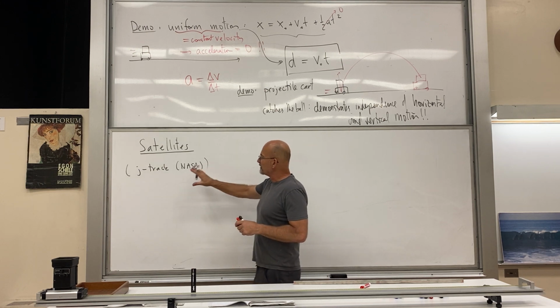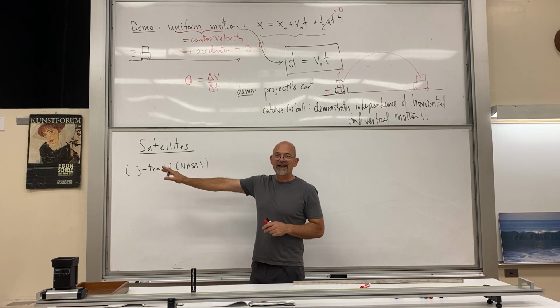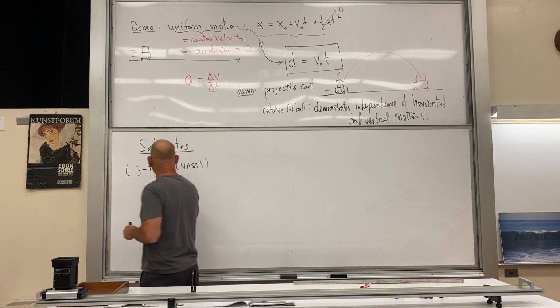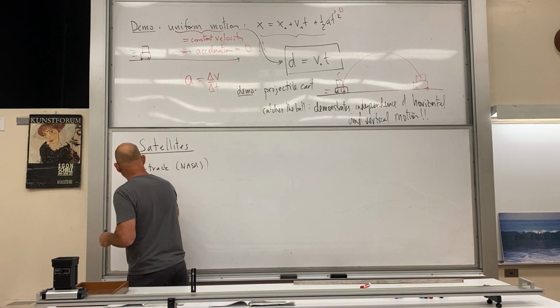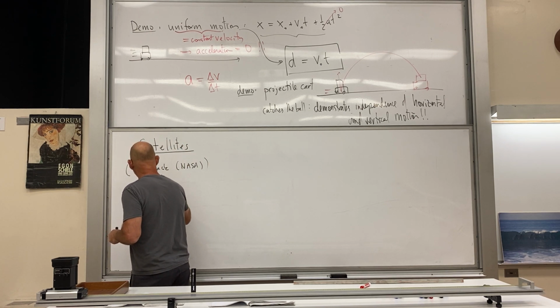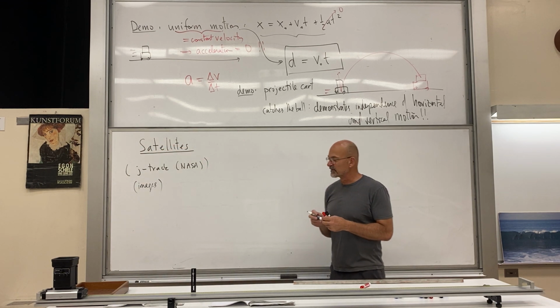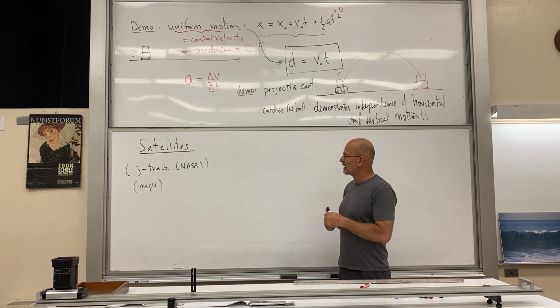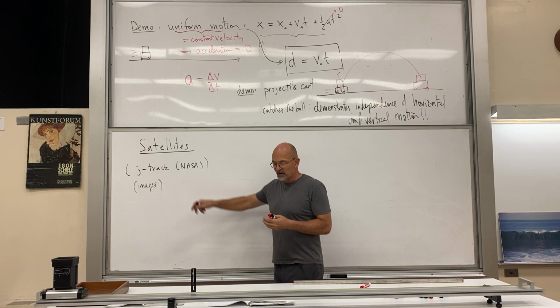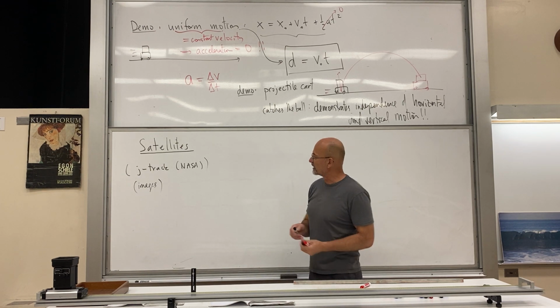It's been taken offline, but you could find JTRAC images. If you look up JTRAC NASA and images, you may find something. They took it offline. I used to show it to my classes, to a lot of different classes. But this will be a source of certain images of what we're talking about right here.